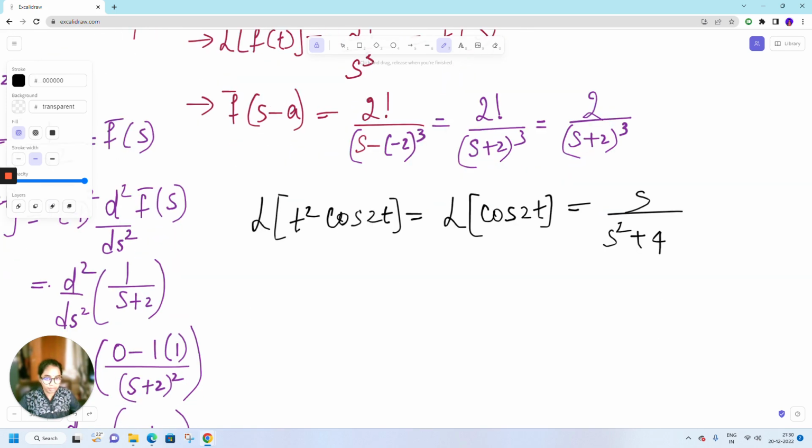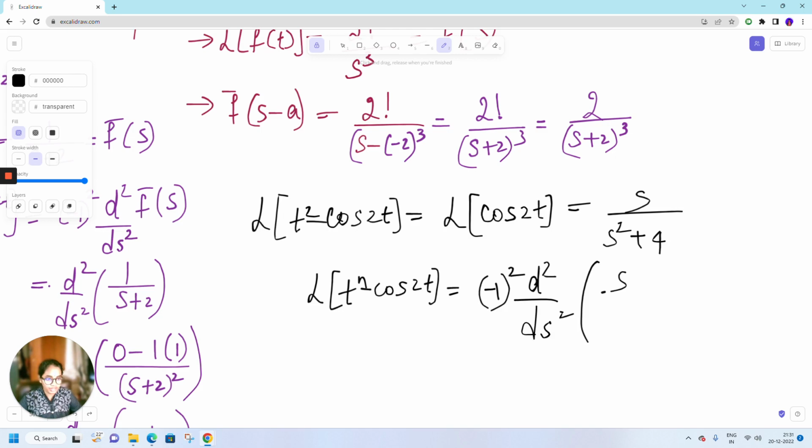What is the next step? Write down the formula, Laplace of t power n cos 2t is equal to minus 1 to the power n. What is the value of n? n value is 2 here. d square by ds square of s divided by s square plus 4.